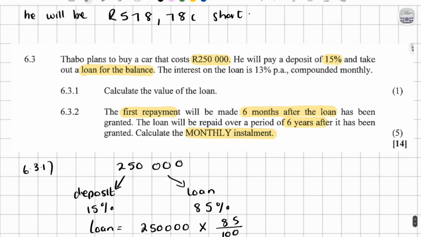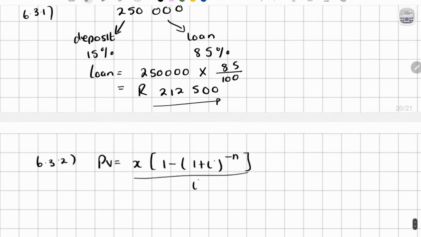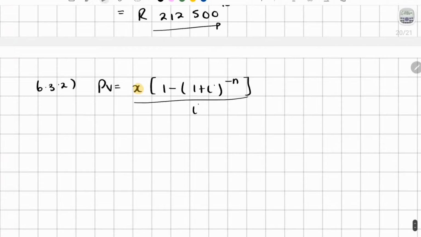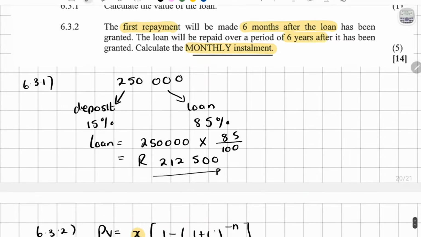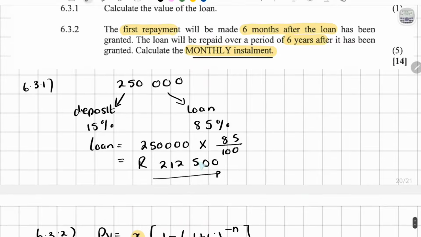First of all, they told us to calculate the monthly installments. The installments that you're going to pay, that is X. So we are looking for X. That means we have the present value. We have to see what the present value is going to be. Now, the loan amount is this. But the reason I can't jump to the conclusion that this is the present value is because they said something.